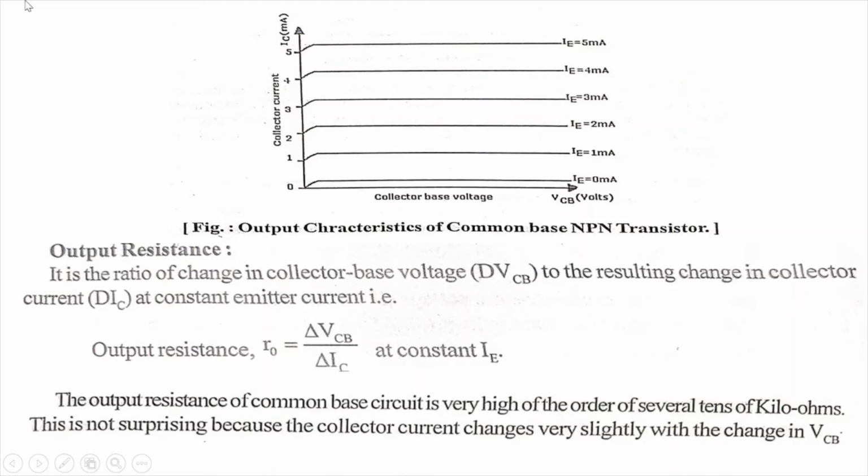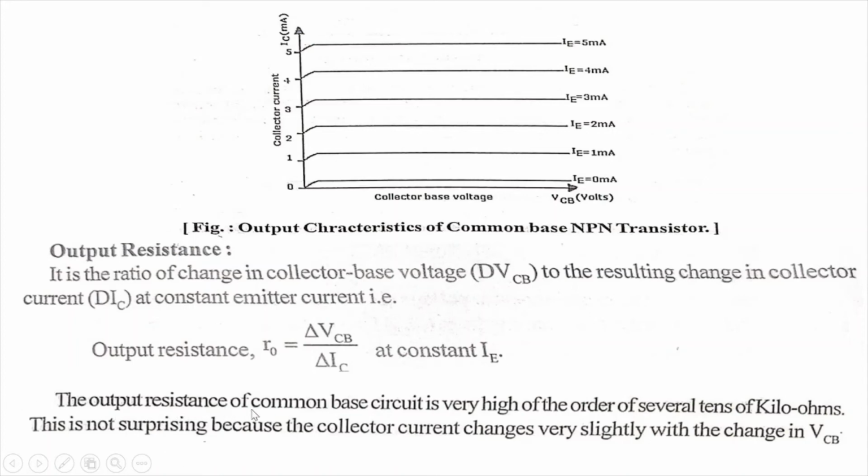So output resistance is the ratio of change in collector base voltage to the resulting change in collector current at constant emitter current, that is, output resistance R0 equals delta VCB upon delta IC at constant IE.